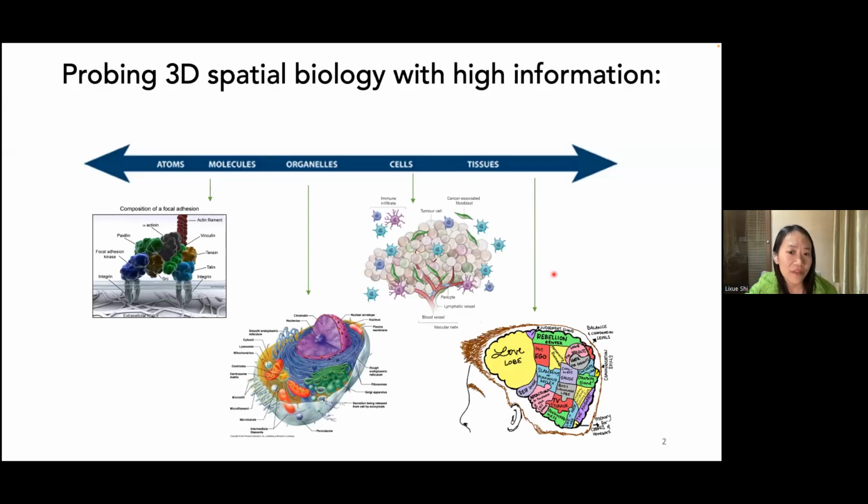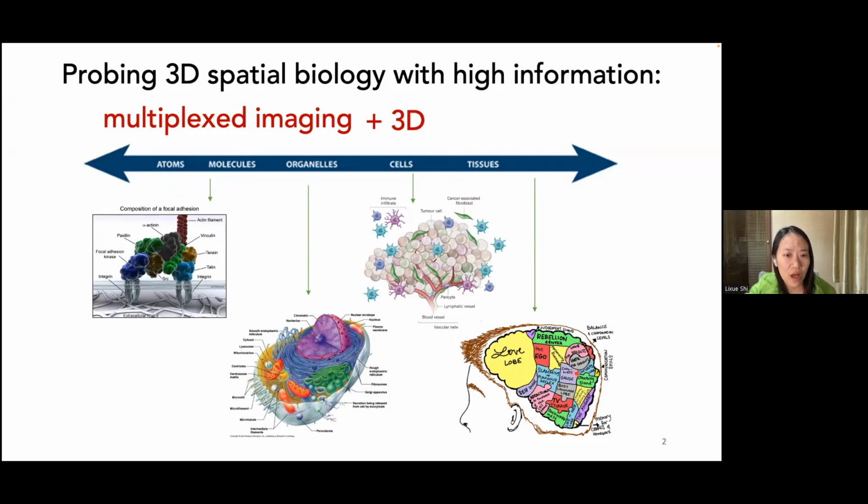One of the grand challenges in biology is how to understand the immense complexity. Indeed, a recurring theme in biology is that a large number of players interact at every scale, from protein networks to interacting organelles, to different cell types in tissues, and to regions in the organs. In order to understand the organization of complex biological systems, multiplex measurements are critical. Moreover, cells and organs are inherently three-dimensional.